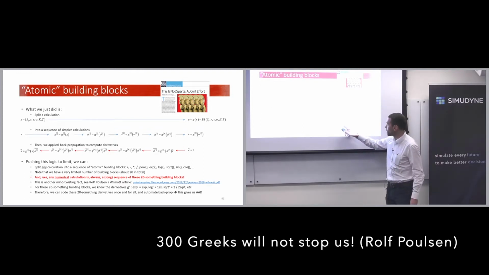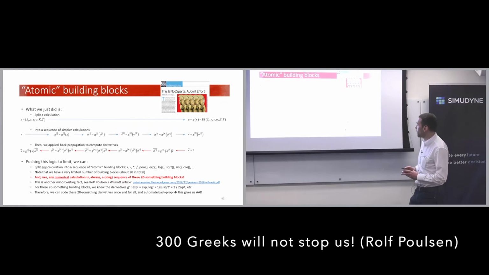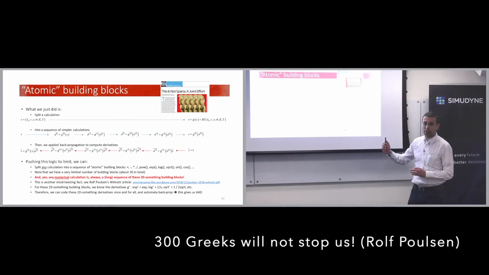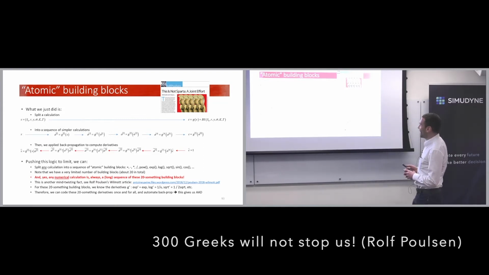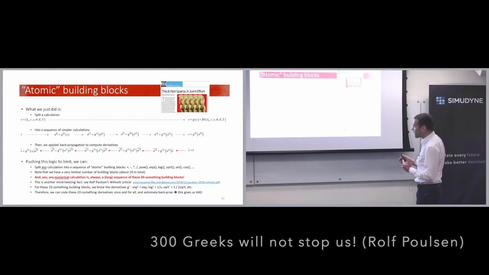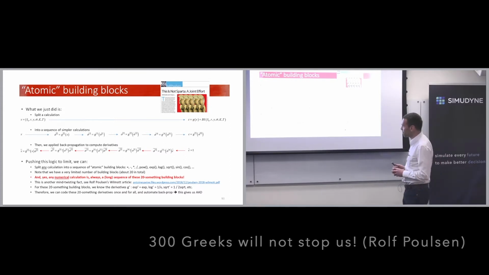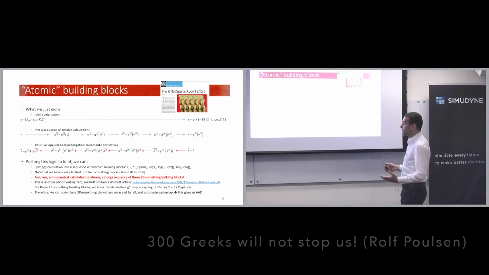We have only 20 derivatives to write, okay? Therefore, yeah, we can code them once and for all, and then we can completely automate backprop. Once we know the sequence of all the j's, and since we know all the Jacobians, all the j primes, then we can automate all this calculation. And this is what gives us AAD. Okay?